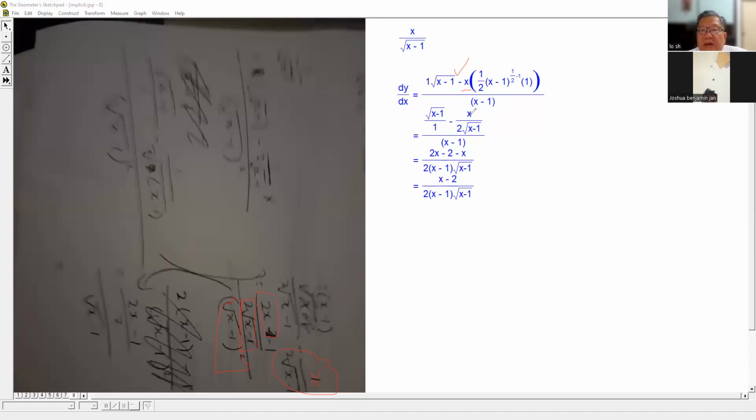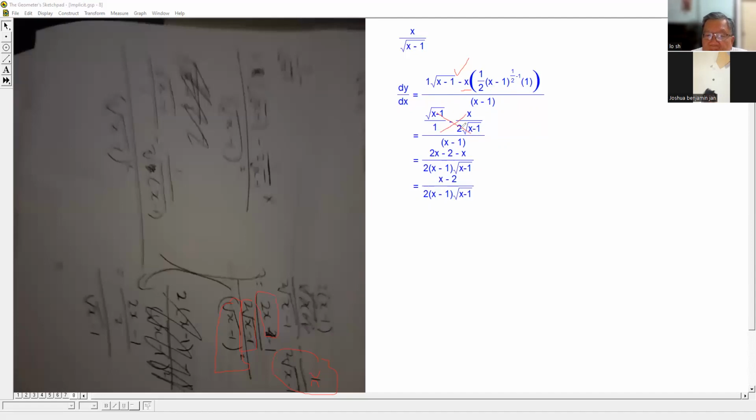You see here, the x at the top, then the 2 square root of x minus 1. And this one is the square root divided by 1. Then you cross multiply these two.